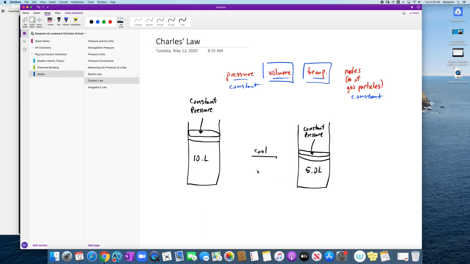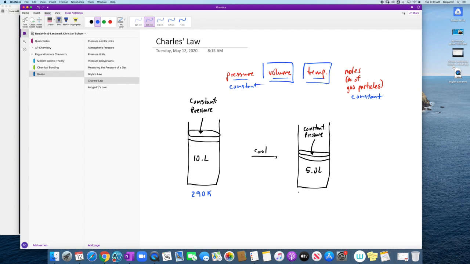And what people like Jacques Charles noticed is there's a quantitative relationship going on here. When we measure the temperature, let's say that this temperature was 290 Kelvin. I have to use the Kelvin temperature scale actually here.